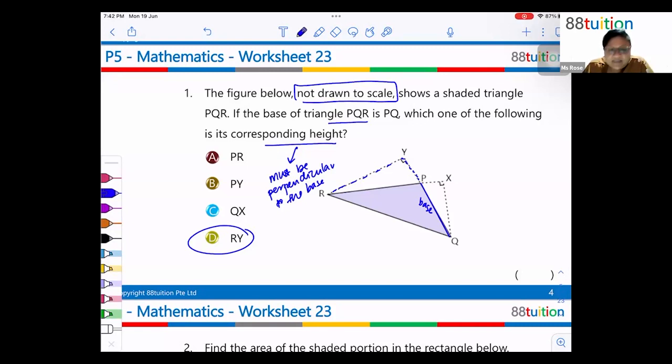If the base is RP or PR, what is the height? You can type in the chat if you want. Remember, you type in the chat where it says Miss Rose, not my iPad, because on my iPad I won't be able to read it. So if the base is PR or RP, the height will be, Jinlong got it correct.